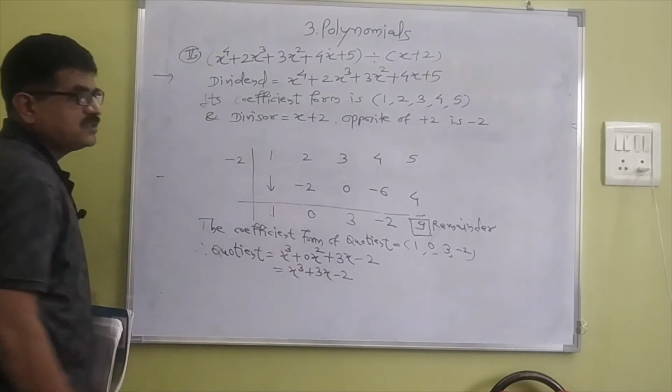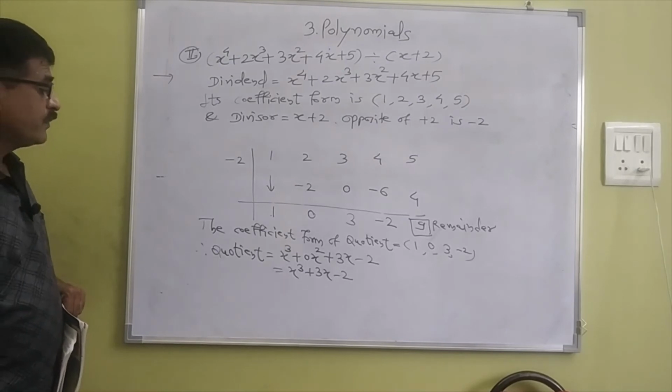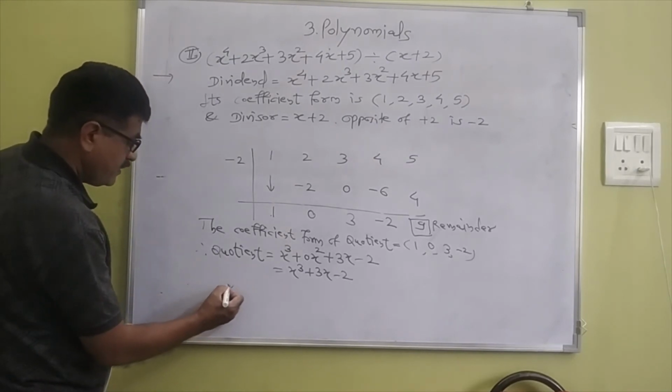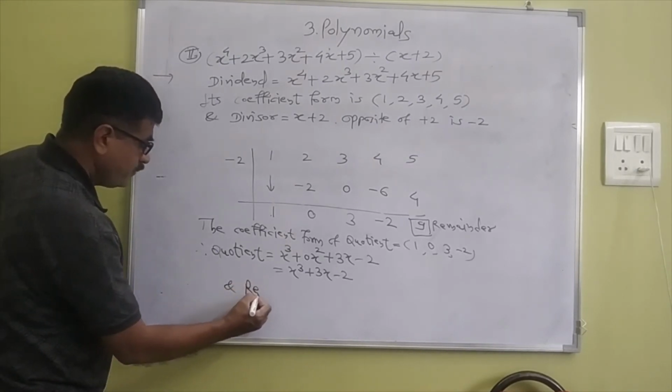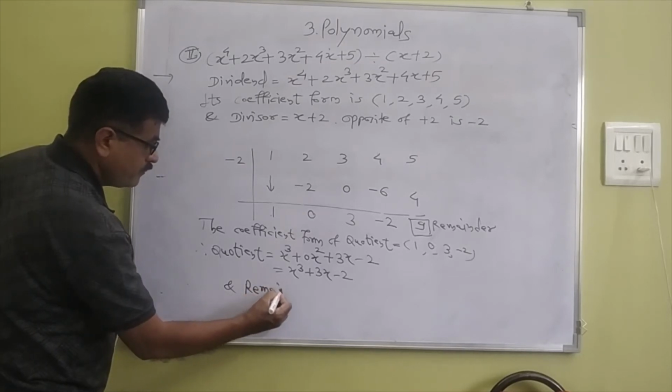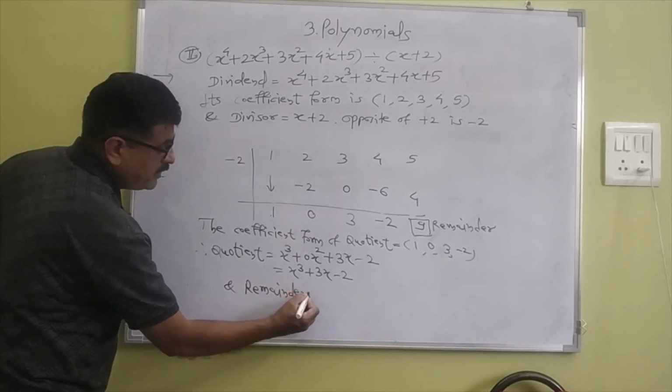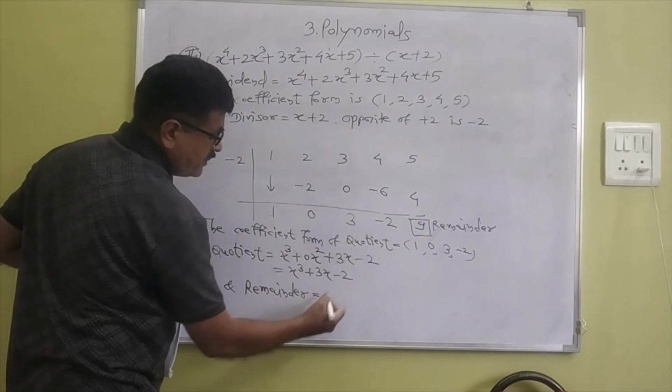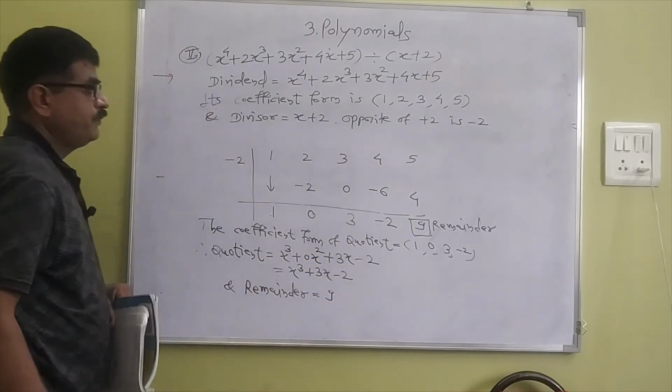It is not necessary to write this. This is quotient, and remainder is equal to 9. This is the answer.